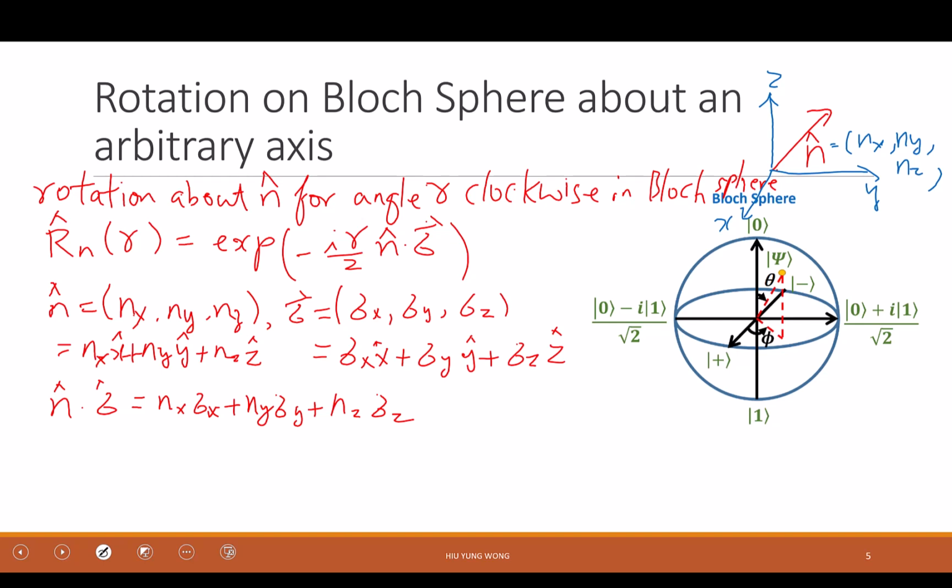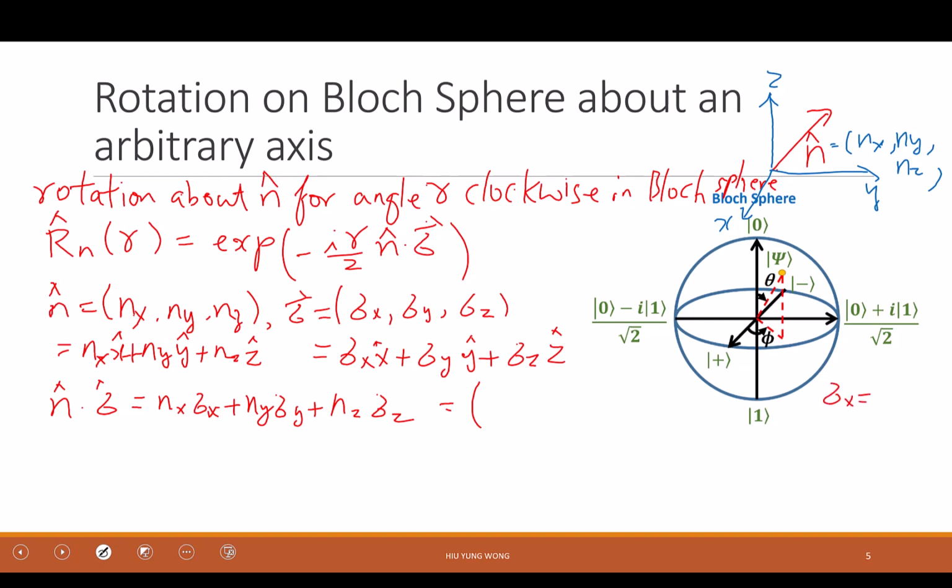Right? And then they are just the matrix. So this one, you go through the math. Maybe you tell me so I know that you understand. What is nx sigma x? Maybe you forgot what sigma x is, right?